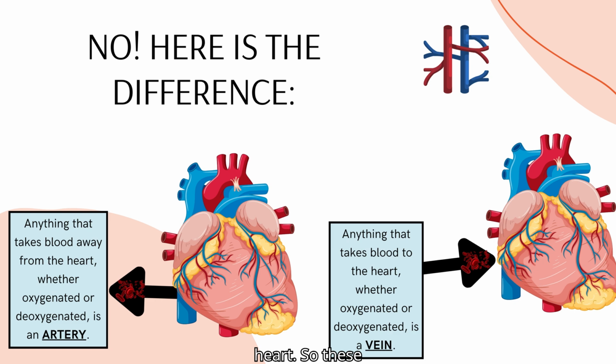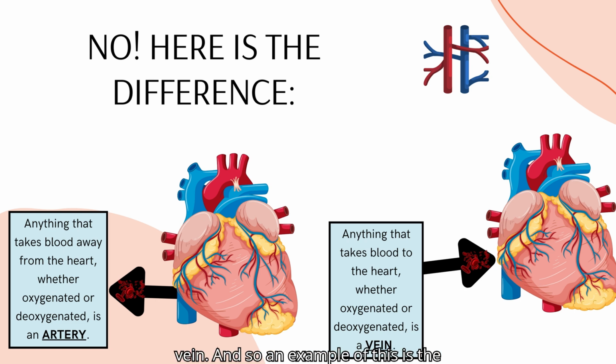So, these definitions are there to explain whether that tube, let's just call it, is taking blood away from the heart or to the heart. It doesn't really matter whether this blood in the tube is oxygenated or not. If it's taking it away, it's an artery. If it's taking it to the heart, it's a vein.